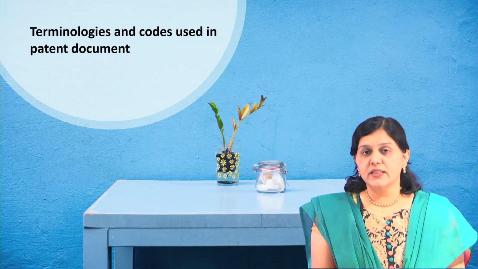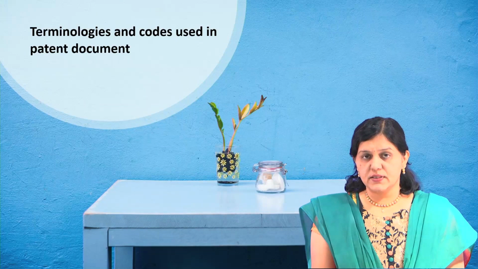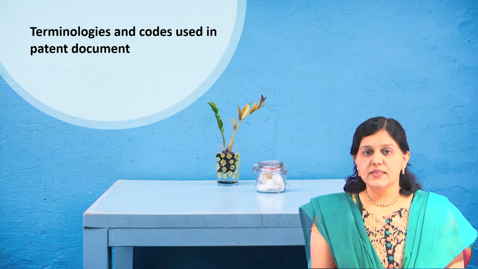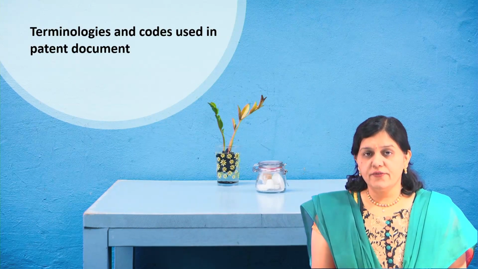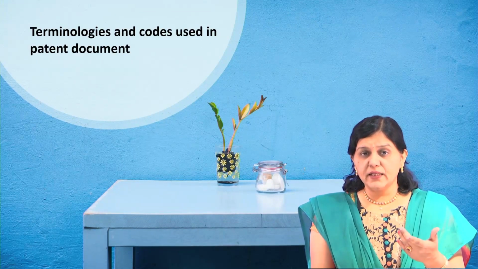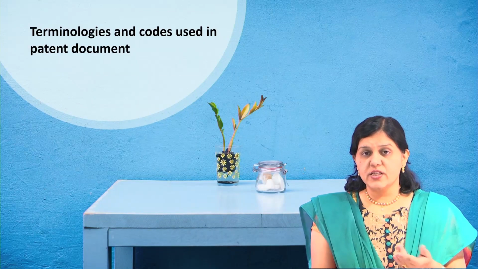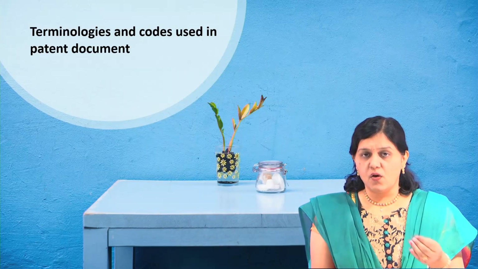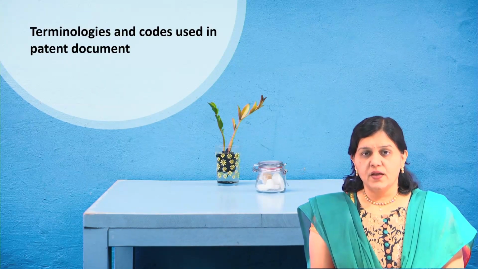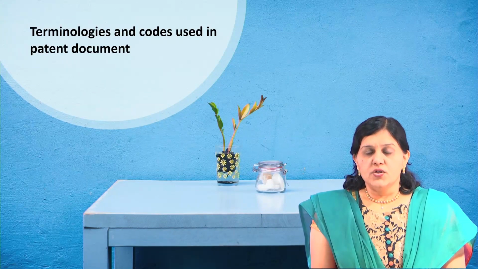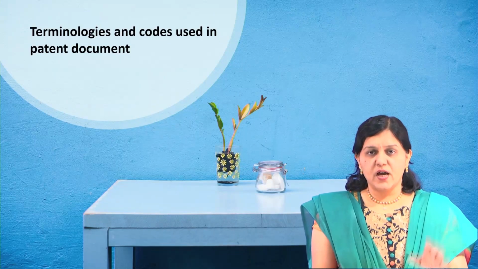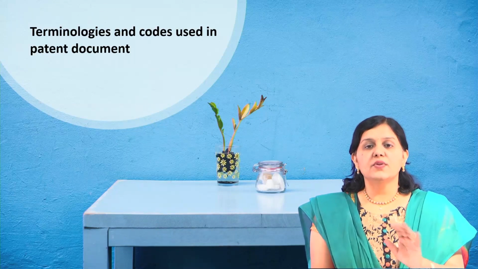That will be uniform in any patent. Then you check out the kind codes which are used in the patent document, what those A, B kind of codes are. After that exercise you can get the idea of how the kind codes are used and how the INID numbers are used.